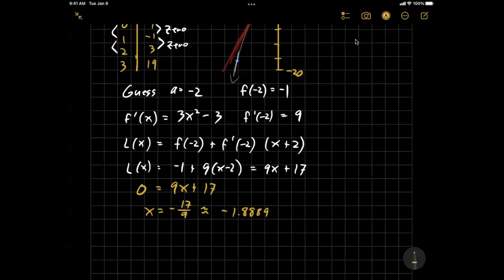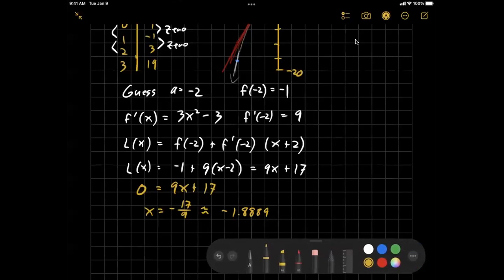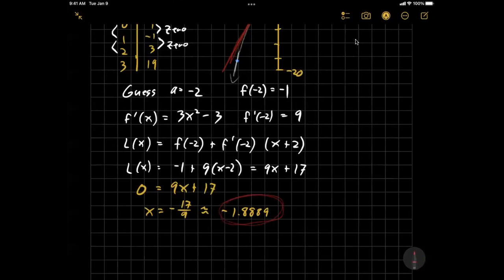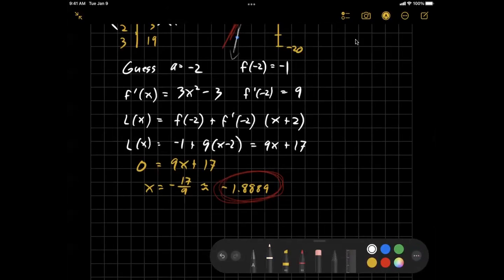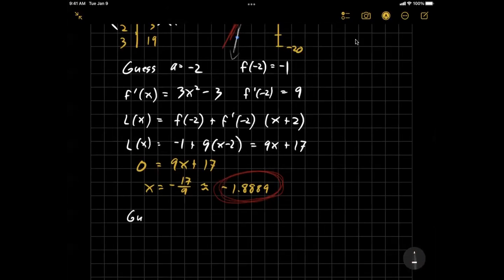So let's go back over to the iPad share. And here we go. It should be popping up any moment. There we go. So this has become a new guess. All right. So we're going to repeat the process. Our second guess, this is our second guess as opposed to our first guess.